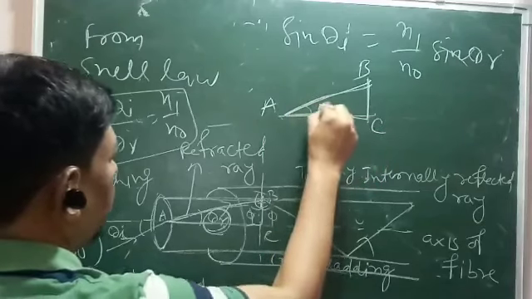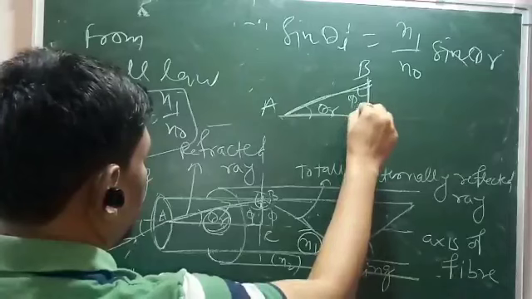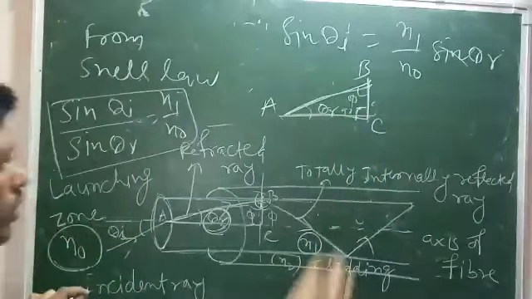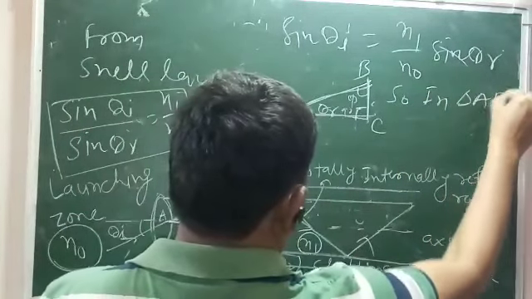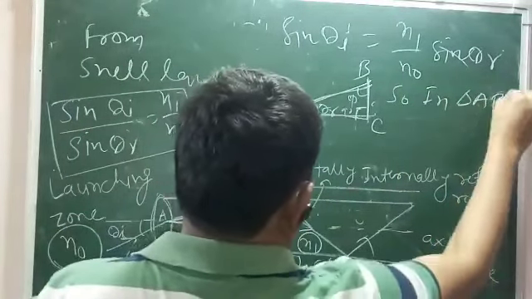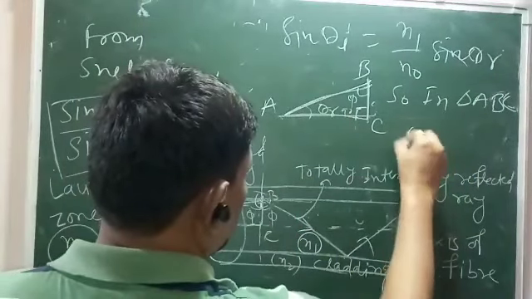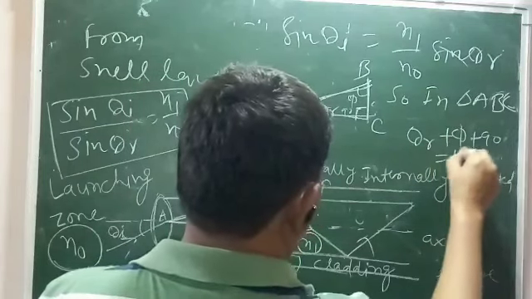This is theta, this is phi, and this is 90 degrees. So in triangle ABC, we can write theta r plus phi plus 90 is equal to 180 degrees.